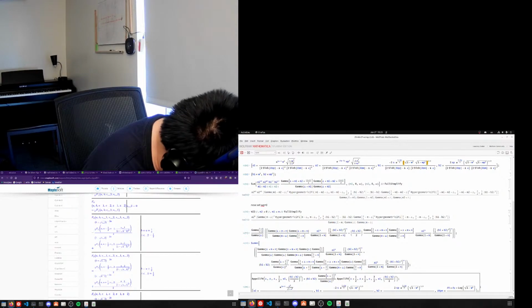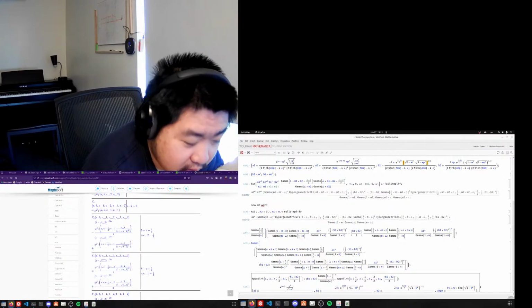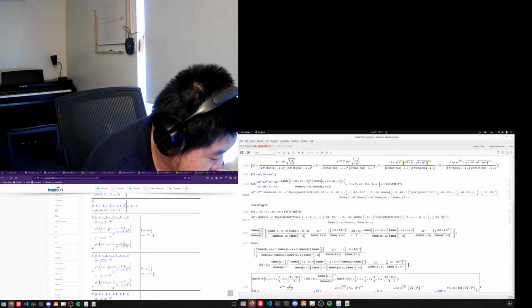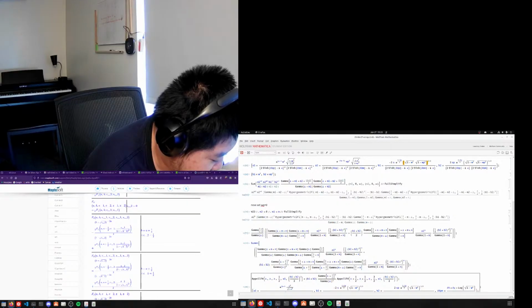It's quite strange. Boundary to bulk. So bulk to bulk seems difficult. I can't seem to be able to compute anything here.